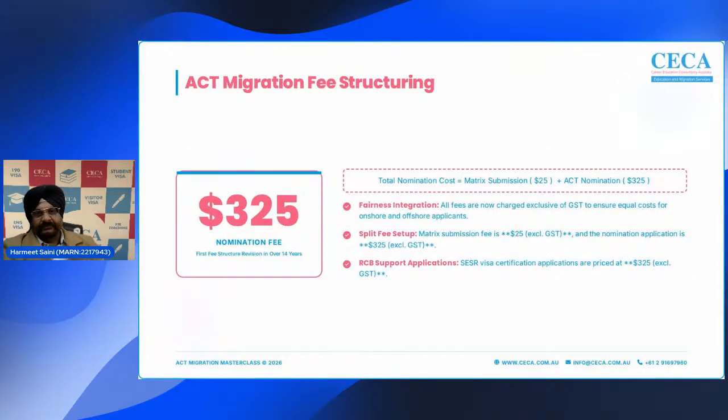And the fee would be almost the same. So for the total nomination cost, when you submit a Canberra Matrix, $25 is the fee, plus for the nomination application the fee would be $325. All fees are now charged exclusive of GST to ensure equal cost for onshore and offshore applicants.